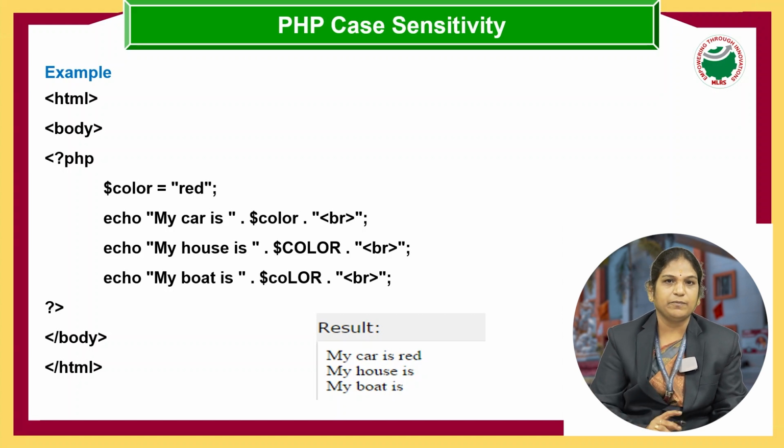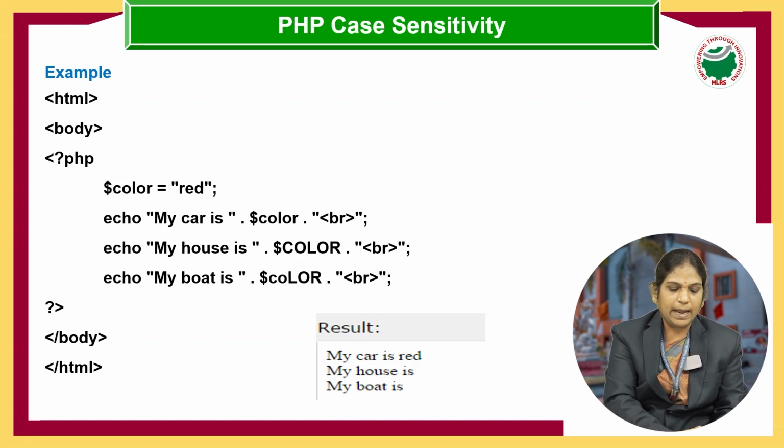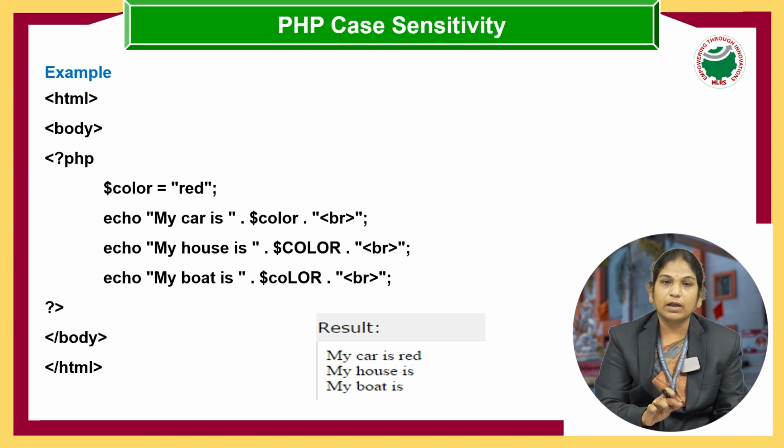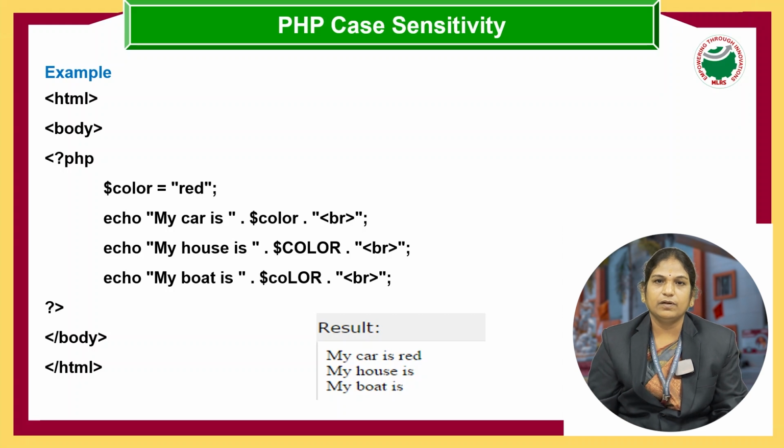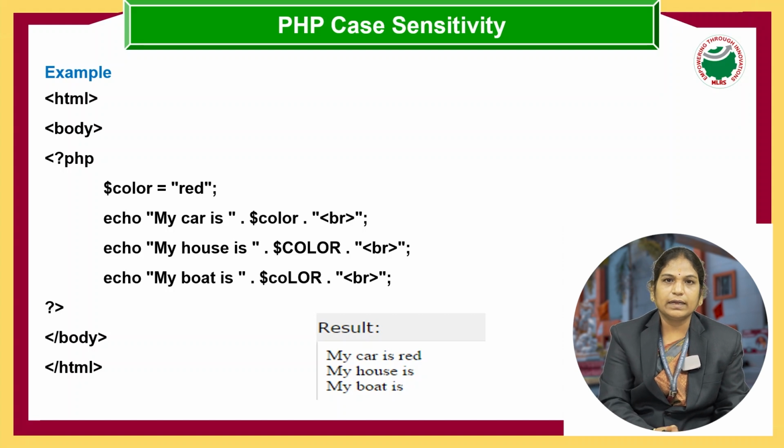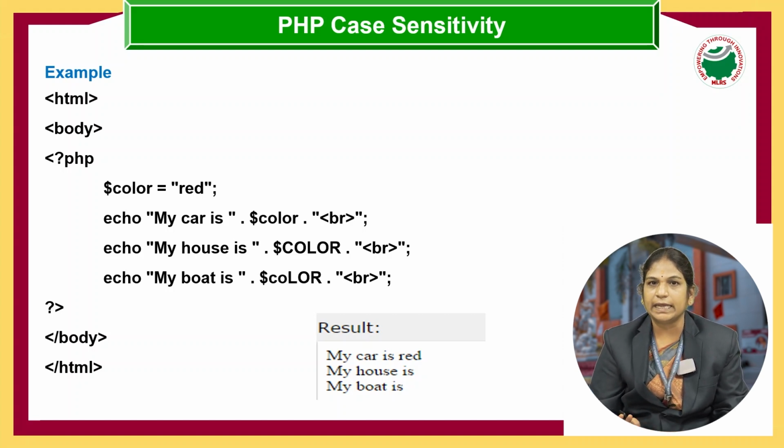Whereas the second time I am using the echo statement, echo "my house is", but how have I used the variable name? I have used $ with uppercase for the word COLOR. So here $COLOR is not going to identify any value.